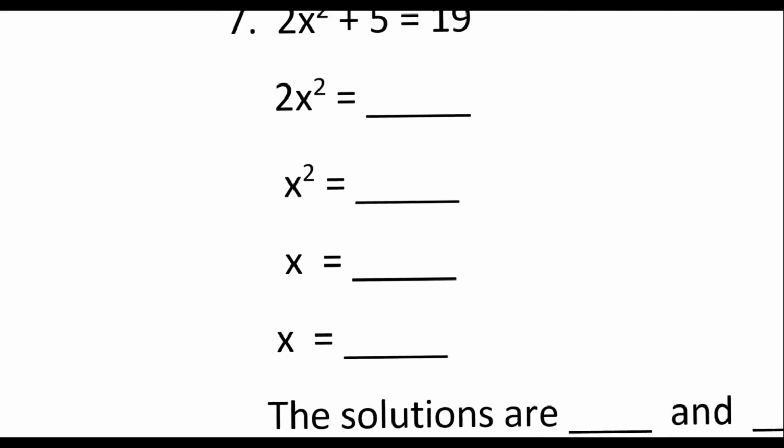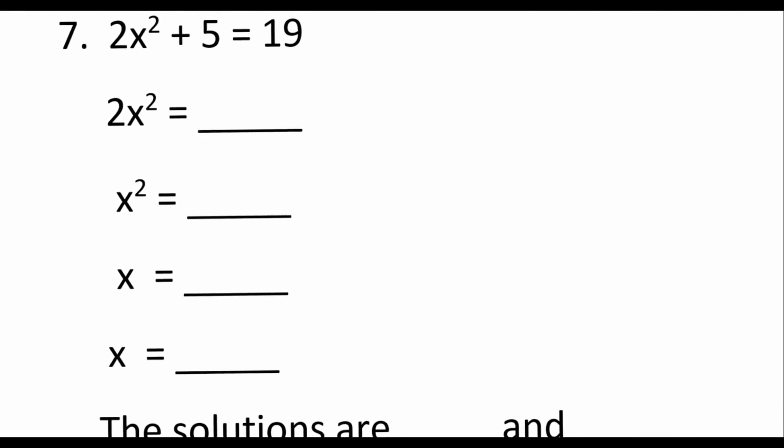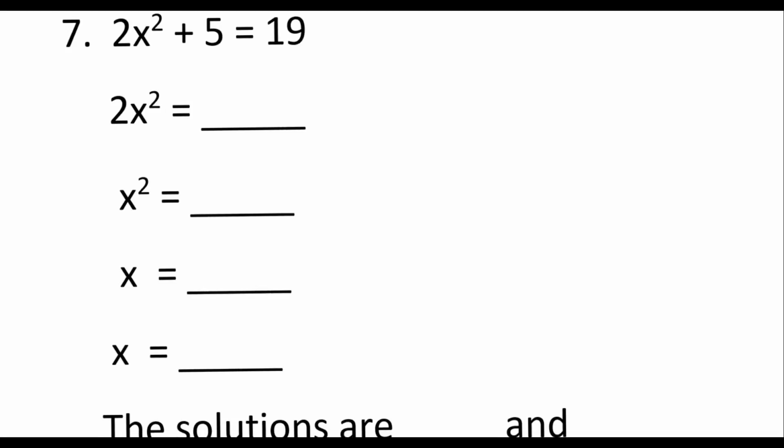On number 7, we're going to do pretty much the exact same line of thinking here. First thing that we're going to do is subtract 5 from both sides. That's going to leave me with 14. Now, when I divide each side by 2, I'm going to be left with x squared equaling 7.